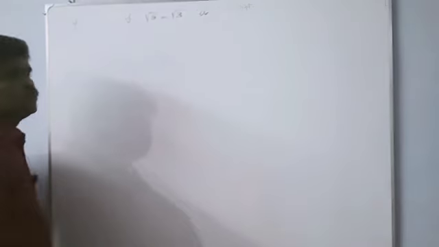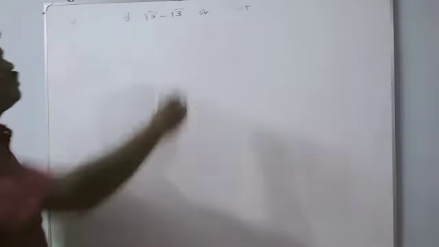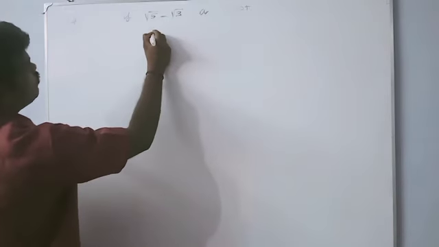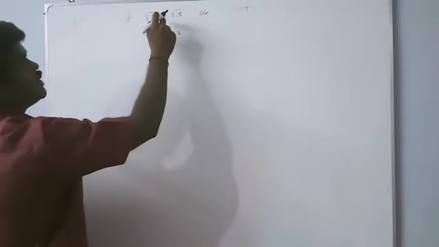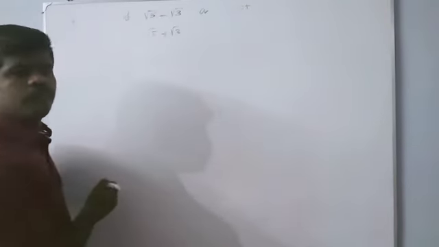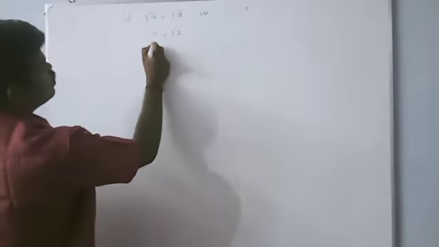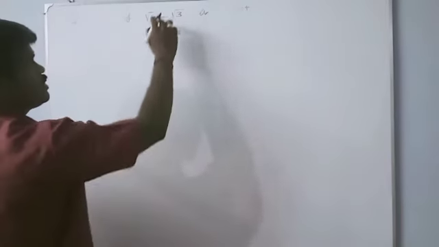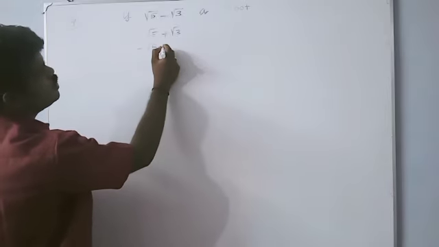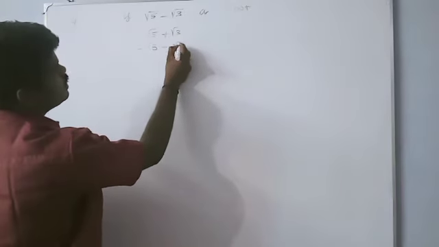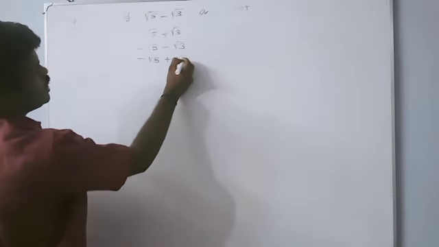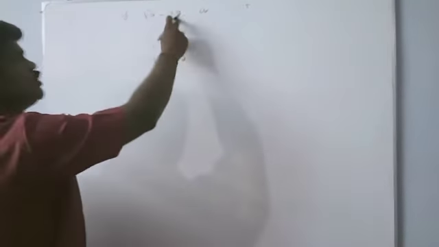If root 5 minus root 3 is a root, now root 5 plus root 3 is also another root, then minus root 5 minus root 3 and minus root 5 plus root 3. Change the sign of both terms.